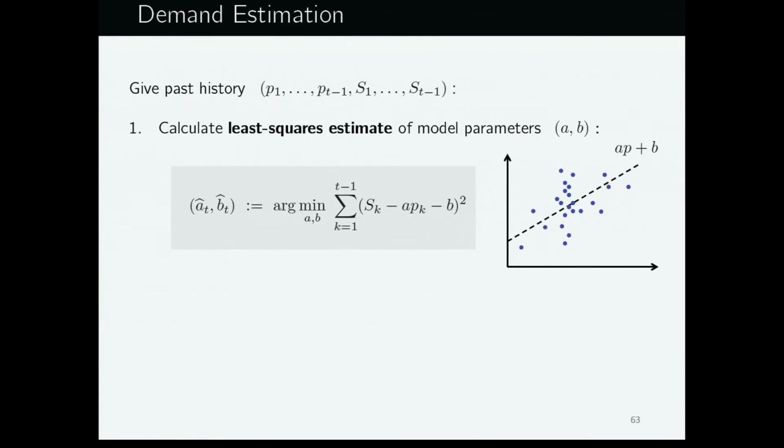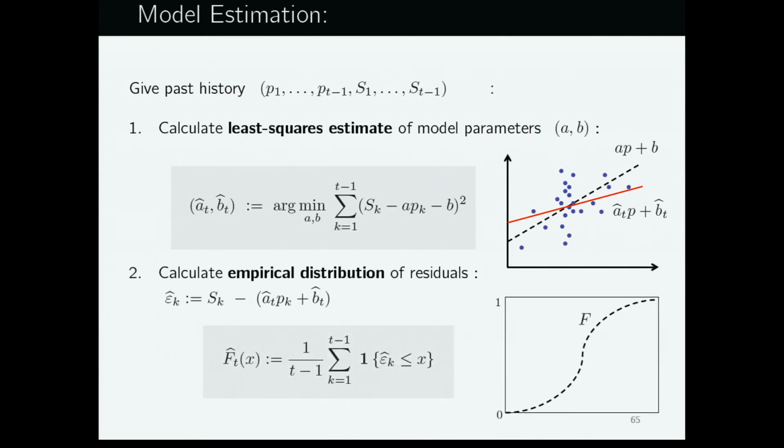And so the basic technique we'll use for demand estimation is straightforward. It's a least squares estimation. So you have price-demand reduction pairs over t periods. You fit a linear model to that data. Invariably, it'll be inaccurate. We also need to construct an estimate of the underlying demand distribution.